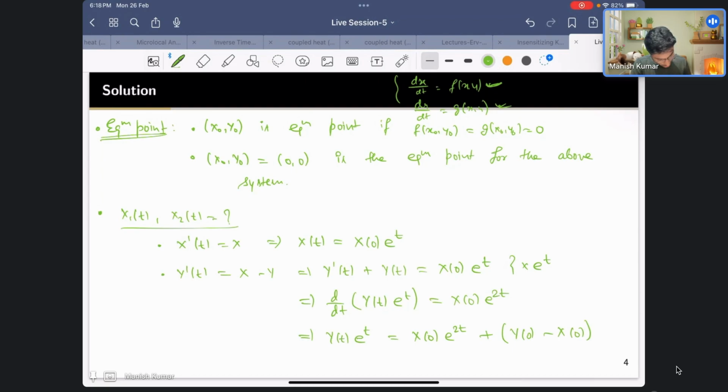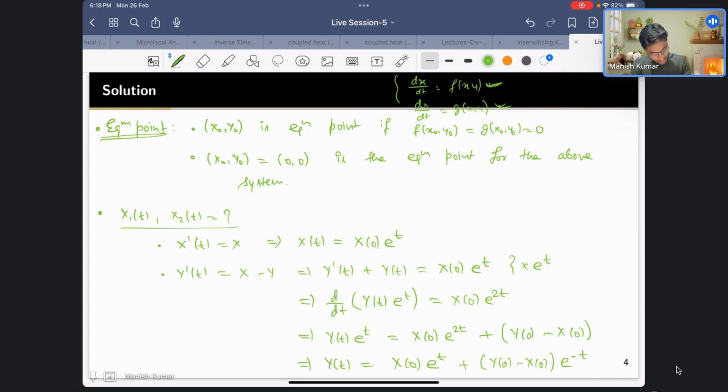So if we put t equal to 0, this will be cancelled. This is the explicit solution. So this can be rewritten as y(t) equal to x0 e raised to the power t plus (y0 minus x0) e raised to the power minus t.